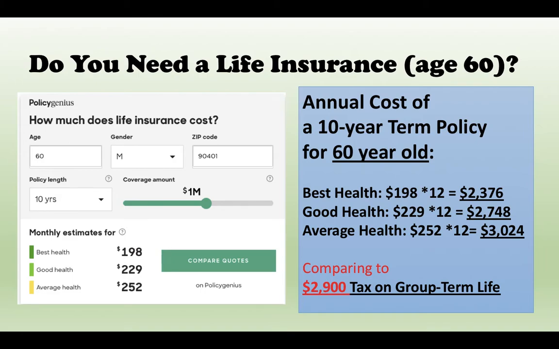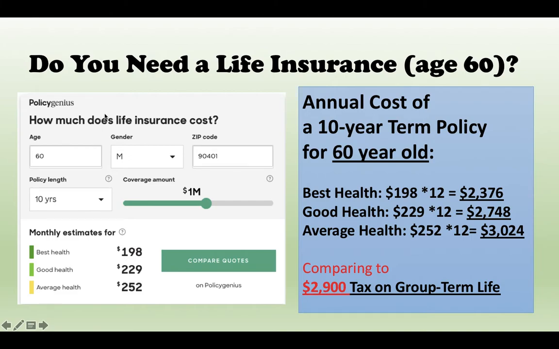The question is, do you need life insurance at age 60? Should you use your employer group life insurance, or should you go outside and buy one yourself? Well, I use an online life insurance calculator.